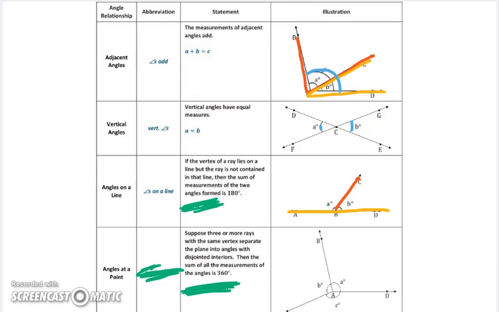So, you might have heard this before, that a line has 180 degrees on it. Well, if I cut that line with a ray, I'll have two separate angles here. I'll have that angle A again, and that angle B. Well, first of all, my first question is, are these adjacent or vertical angles? I hope you said adjacent, because yes, they are right next to each other.